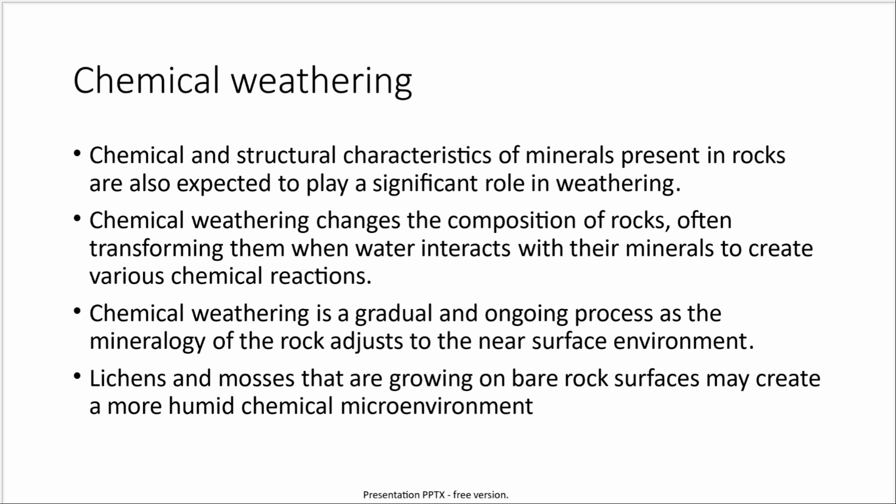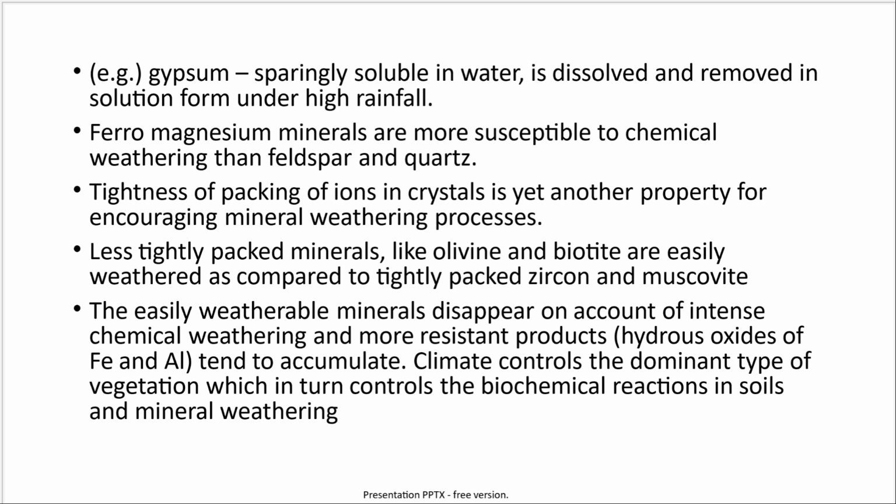For example, gypsum is a type of mineral that is soluble in water. It gets dissolved and removed in solution under high rainfall. So, gypsum gets converted into the solution form under heavy rainfall.